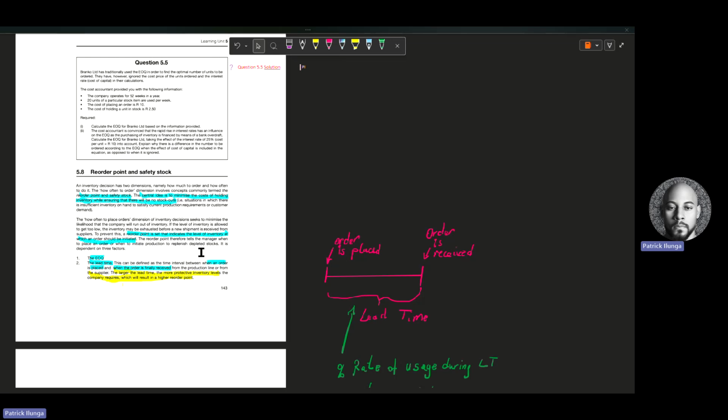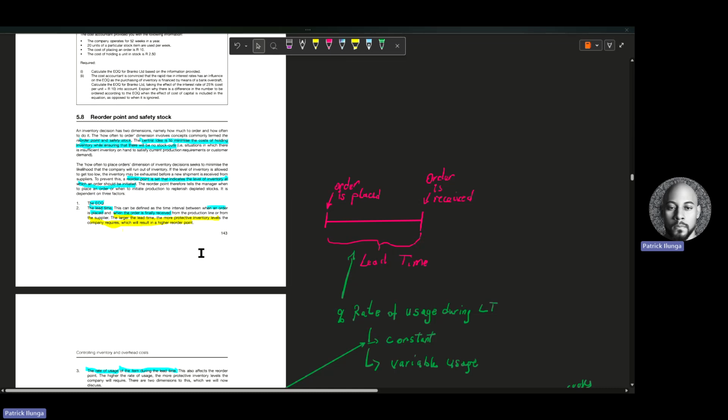Because remember, you are using the stock, therefore the stock is depleting, going down. But how far down do you need to get before you order again, so that you can fill the stock back up, right?